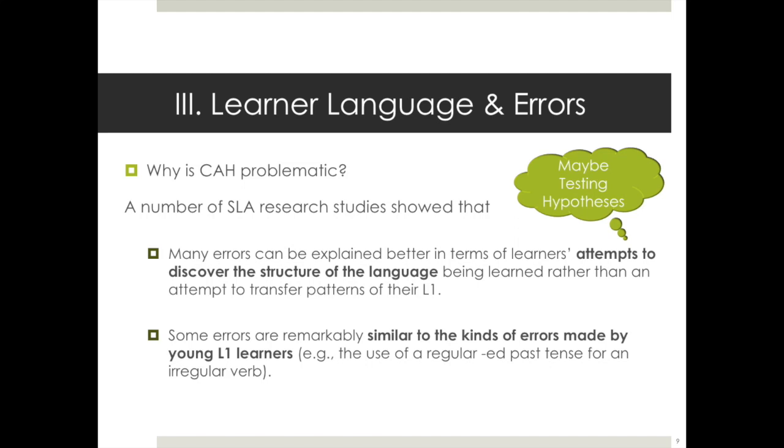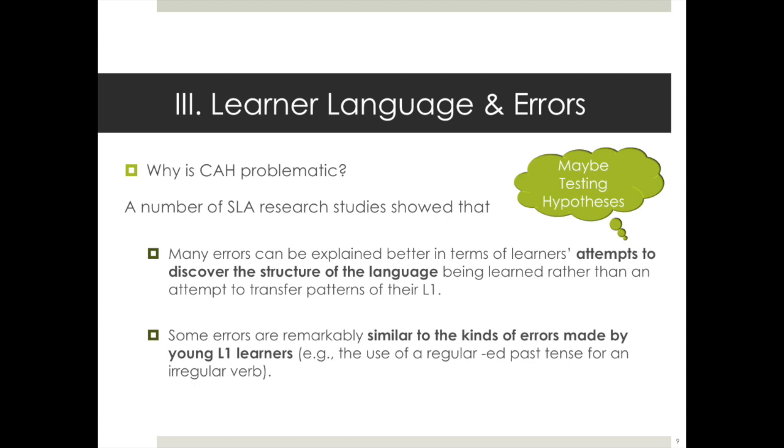Some errors, in fact, are remarkably similar to the kinds of errors made by young L1 learners. For example, when we talk about overgeneralization, we always cite the often recycled example of the use of the regular -ed marking of the past, which is also used in irregular verbs, like 'I goed to school.'